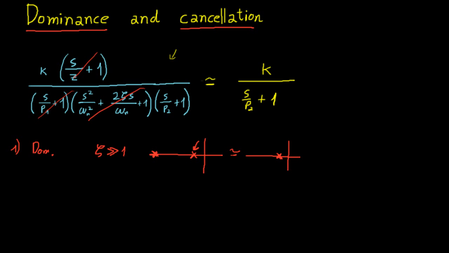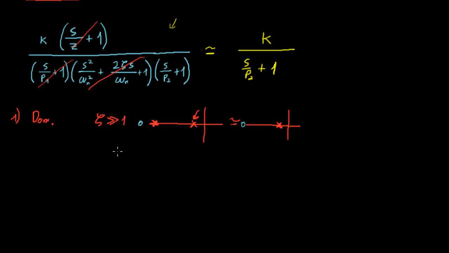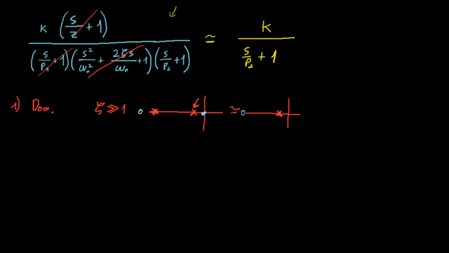Also, when we studied the effect of zeros, we saw that zeros very far away had no effect on the step response of the system. So the general rule is that what determines the relative importance of an element, its contribution, is its closeness or proximity to the origin. And therefore, the dominant poles of a system are those closest to the origin.